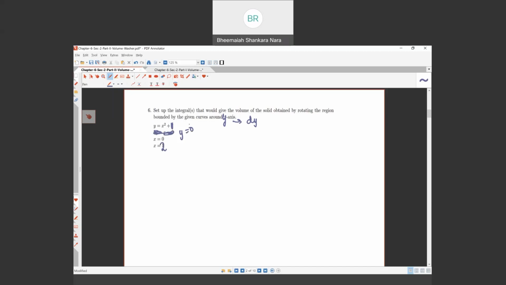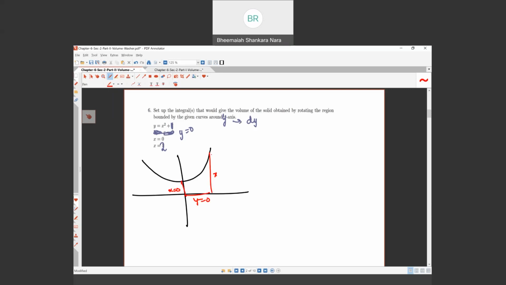So let's try to draw this curve. You have a shifted parabola, 1 unit to the top, and you have lines y equal to 0, x equal to 0, and then you have x equal to 2.